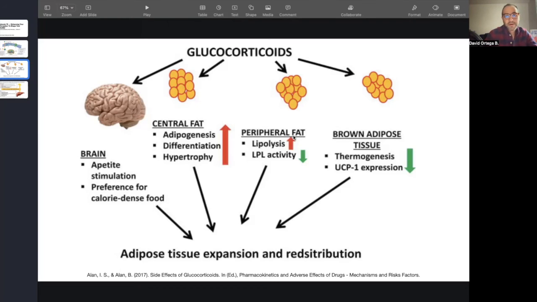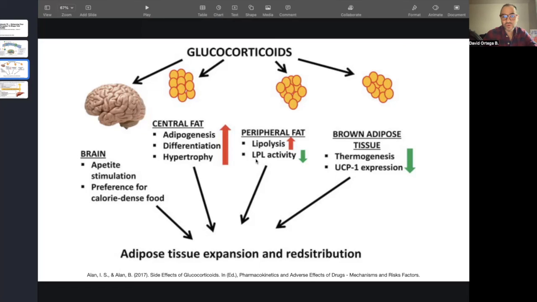Now, in peripheral fat, they increase lipolysis, not in a good way, because you are just processing many lipids that are in the periphery, but the ones that are being stored and the ones that are causing the increase of the toxic lipoproteins are not going to be affected by that.